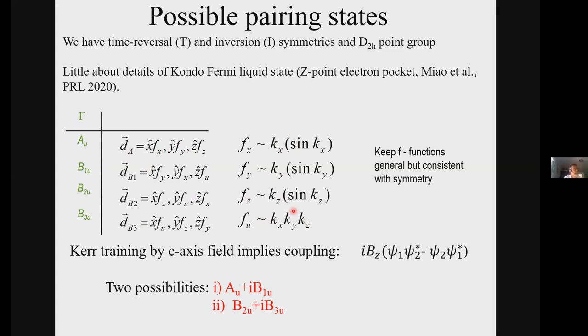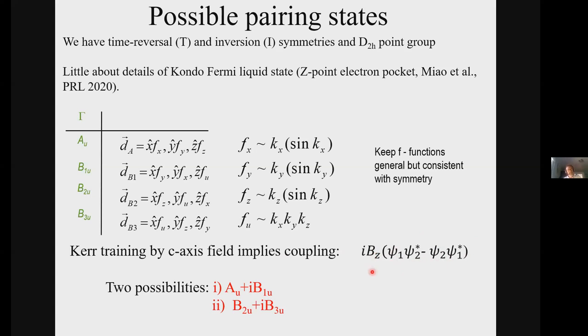Okay, so the first question I want to come to is, what is the implication of the fact that the polar Kerr effect is trained by a c-axis field? Well, that means that in your free energy you have a term that's linear in the field along the c-axis, and the only way you can couple that to an order parameter in zero field is through this combination.